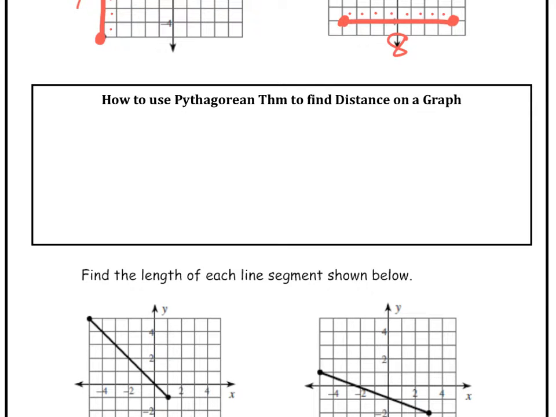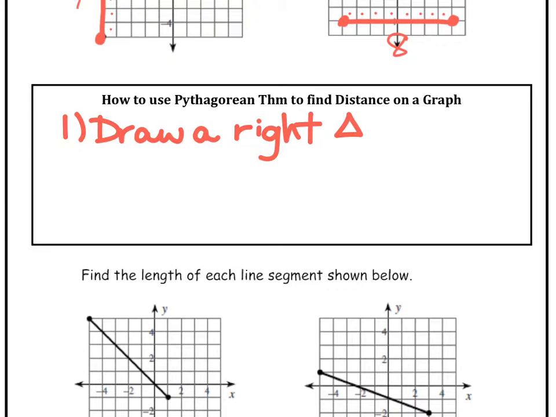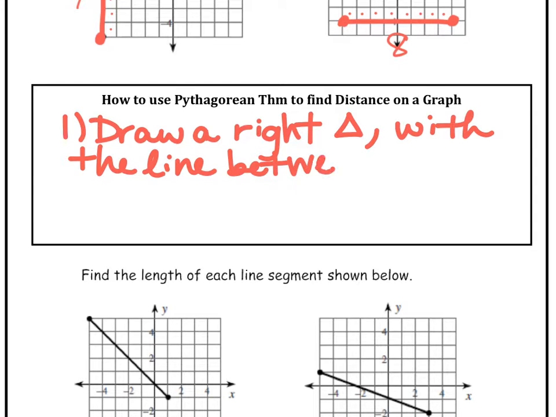We're going to, first thing, draw a right triangle with the line between the 2 points as a hypotenuse.